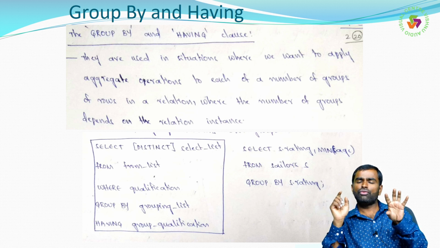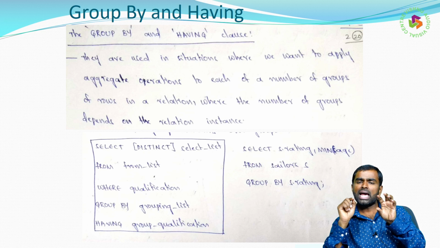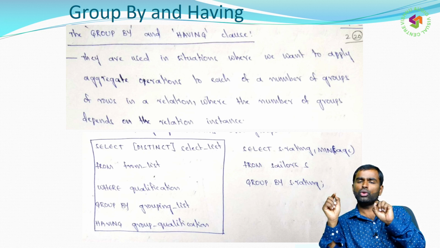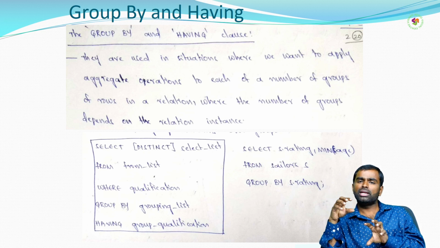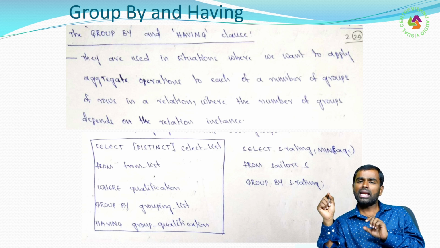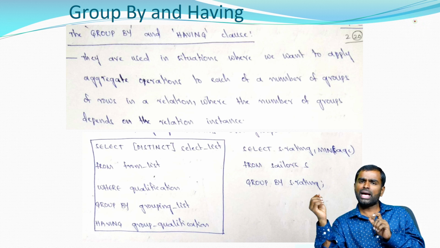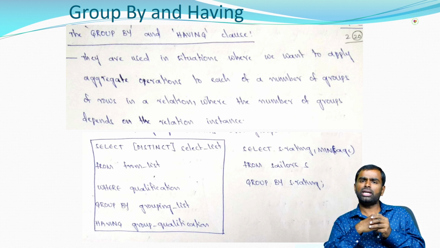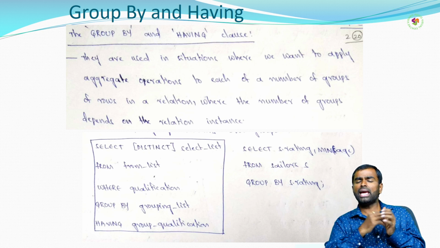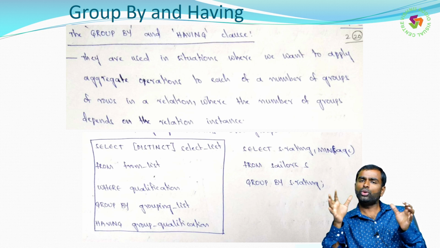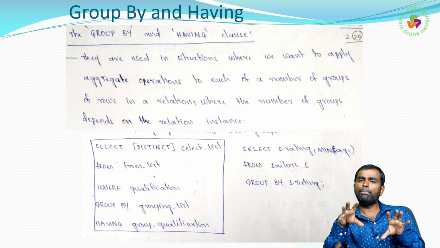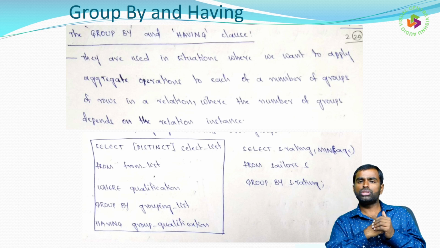So for male, salary equal to salary plus 10% you can add, and where gender equals female, salary equal to salary plus 15% increment you can give. Like that you can divide the data into a number of groups, and on the group you can perform a condition by using having.